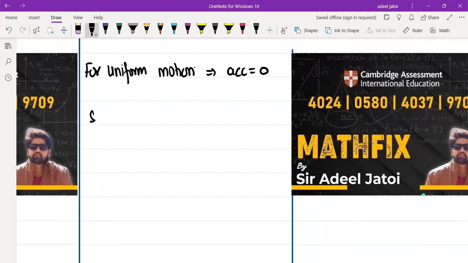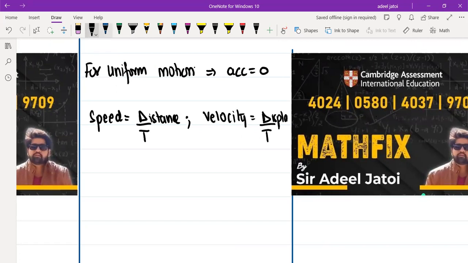So when we talk about speed, it will be distance upon time. When we talk about velocity, it will be displacement upon time.